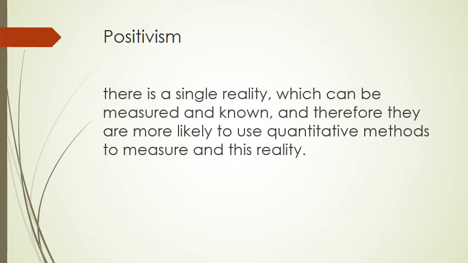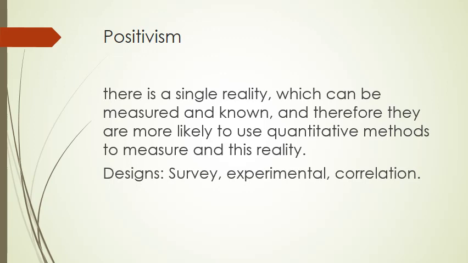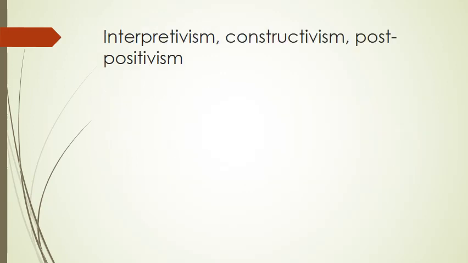There is only one truth, and it should be able to be measured and captured by the five senses. This positivism belongs to quantitative research methods, and the research designs belonging to this approach or paradigm are survey, experimental methods, and correlation.